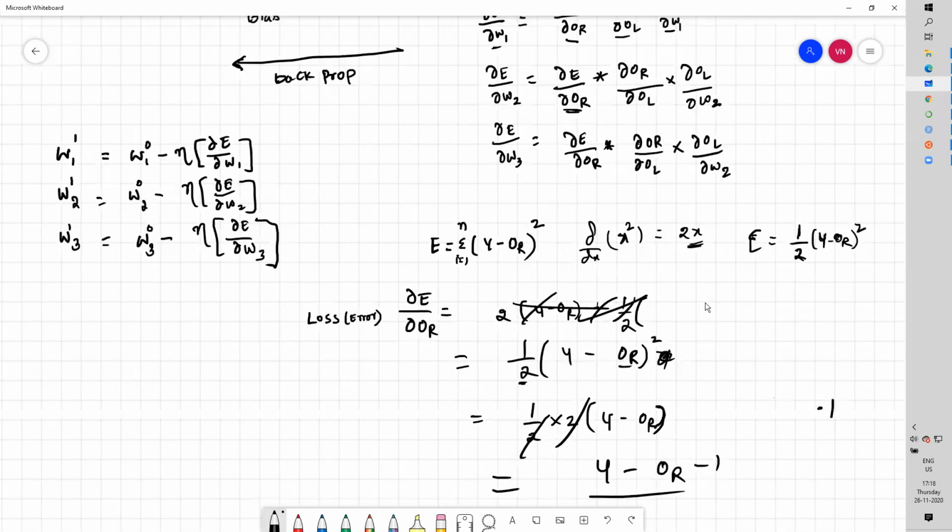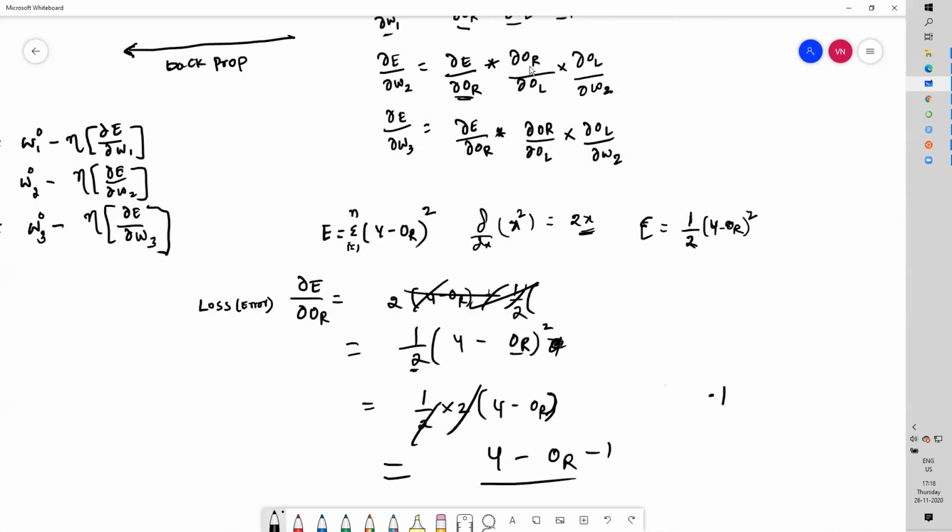Similarly, we have to do the derivative of the next one. What is the next one? The derivative of OR with respect to OL. Let me write that straight away. What is OL? Sorry, what is OR?